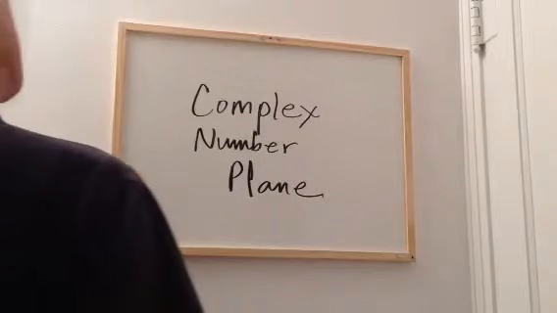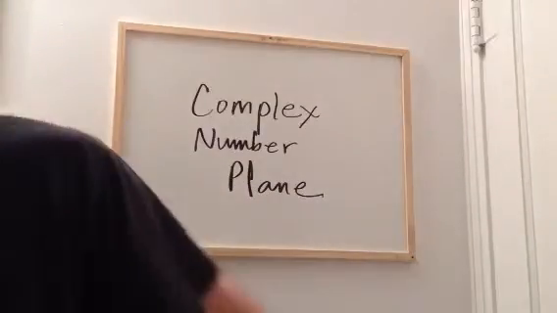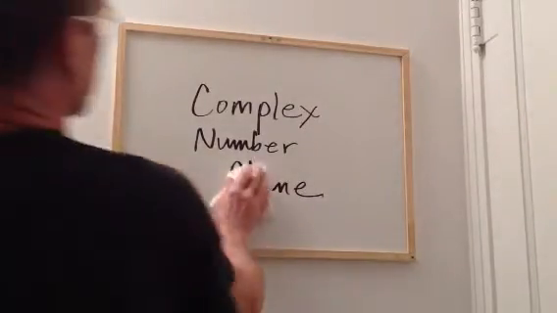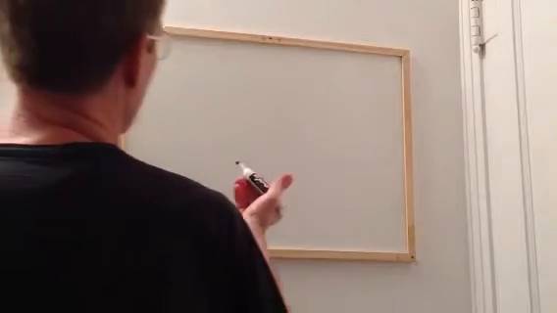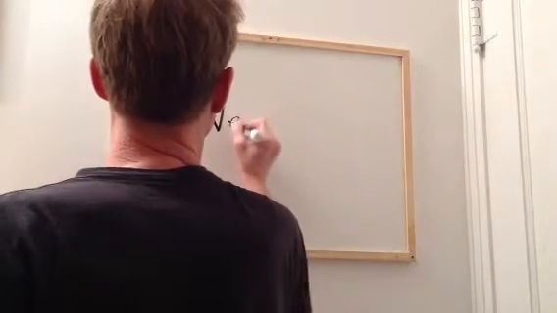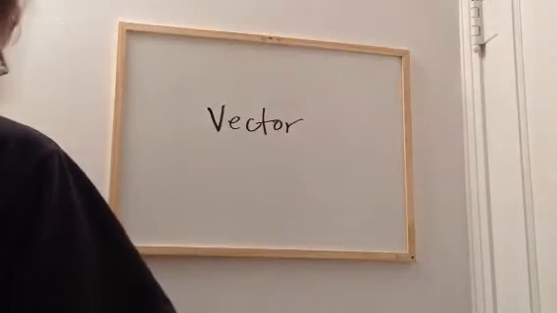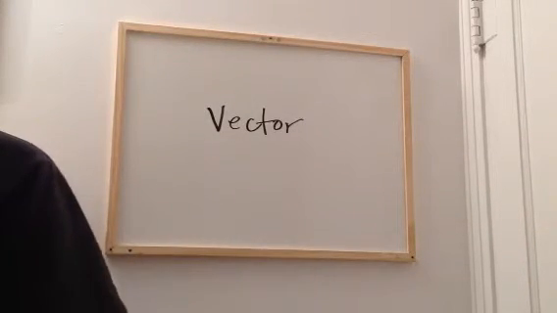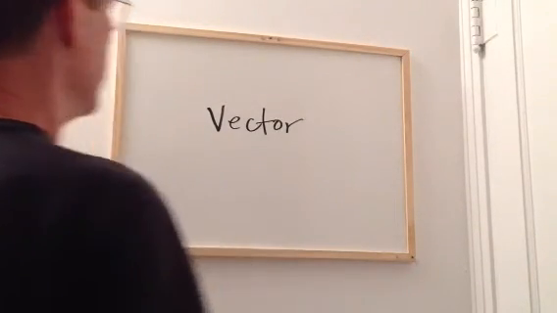We can also represent them as something called vectors. A lot of people get really spooked, really scared by vectors for some reason. I have no clue why it scares them. But we'll learn about vectors in the next video in this series.